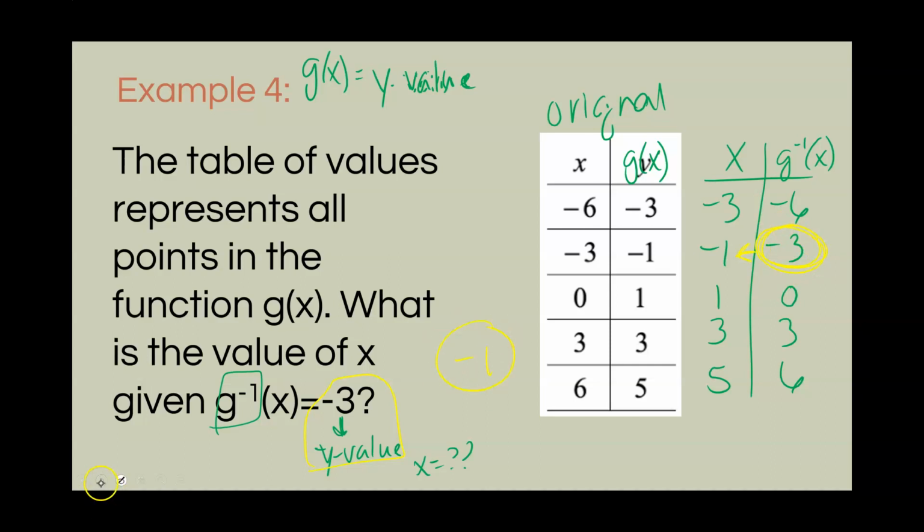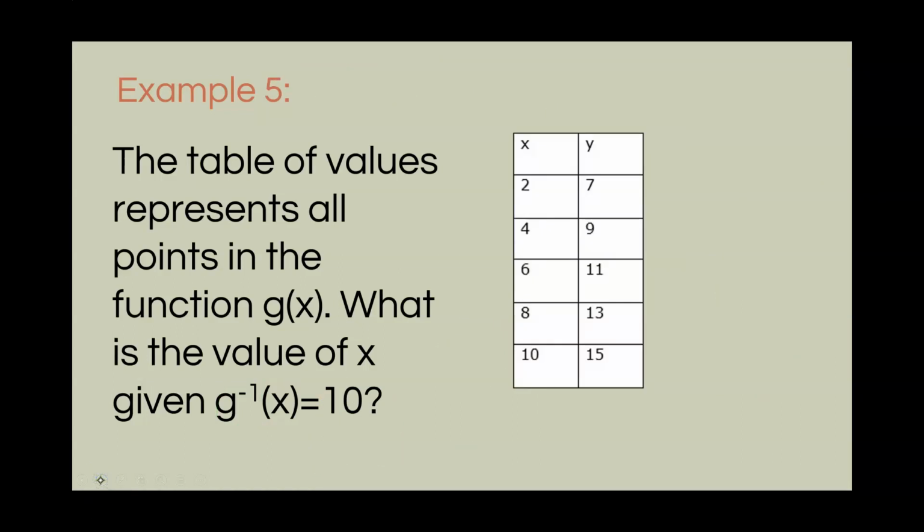Okay, let's keep going. This one says the table of values represents all the points in the function g of x. So this is g of x again. And it says, what is the value of x? So again, this is saying when the y value is 10, what is the x value on the inverse graph? So let's make the inverse graph.